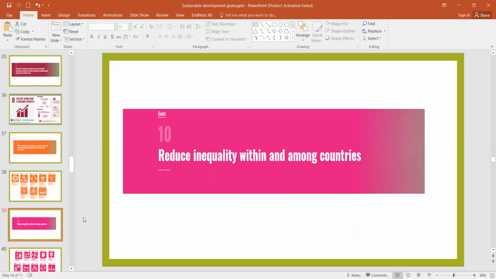SDG number 10: reduce inequality within and among countries.